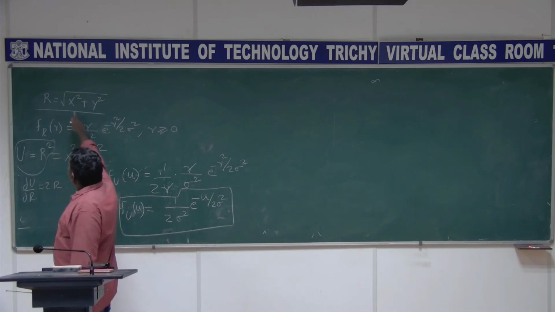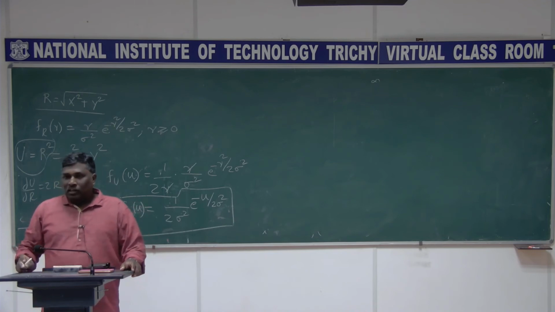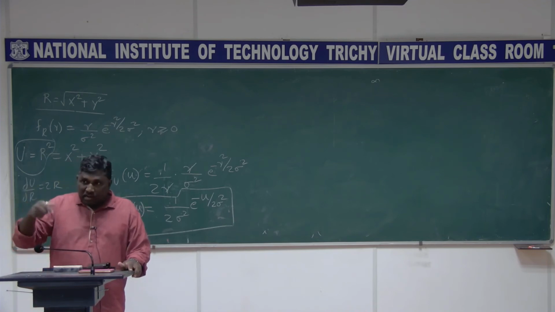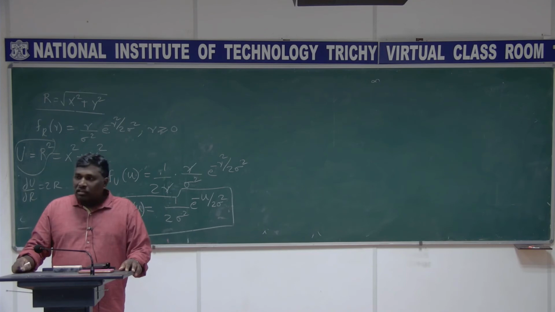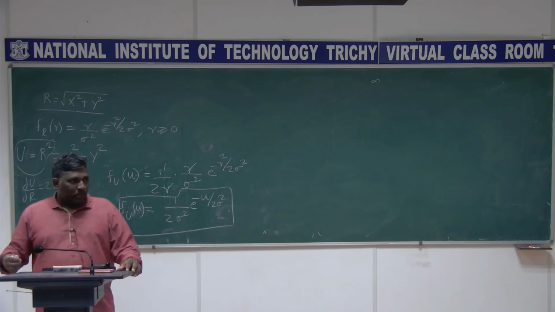we have x and y, they are Gaussian distributed. If I take the square root of x squared plus y squared, that becomes Rayleigh distributed. If it is R square, which is basically the sum of squares of the Gaussians, isn't it? X square plus y square, they are Gaussian distributed. We are squaring them and adding, right?